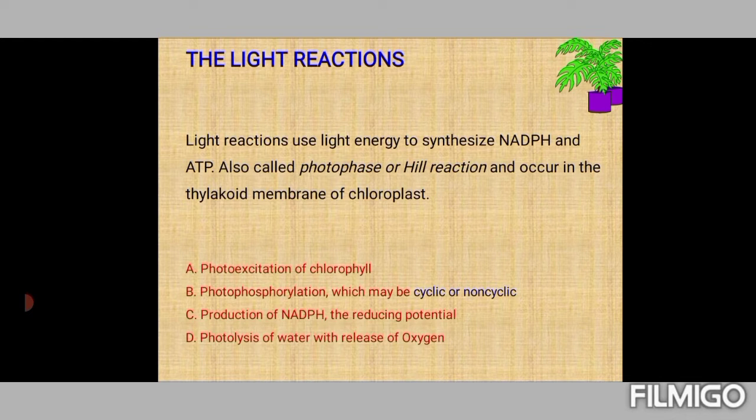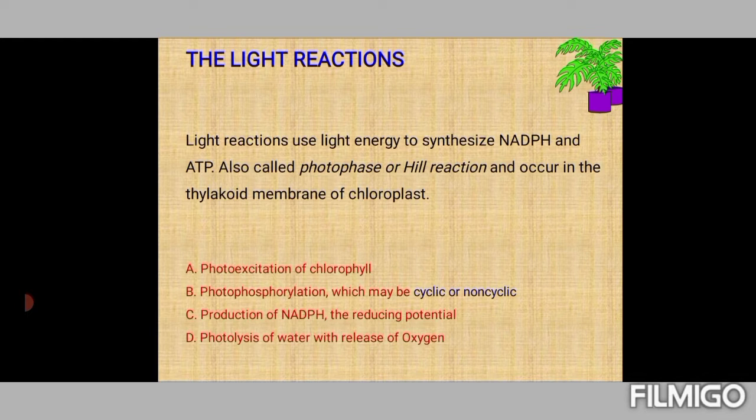So this is photoexcitation of chlorophyll. This I already described. The photoexcitation actually happens with the fall of photons on leaves. Photophosphorylation means using the energy of photons for phosphorylation, or production of ATP, and it can be done through two different types of processes.